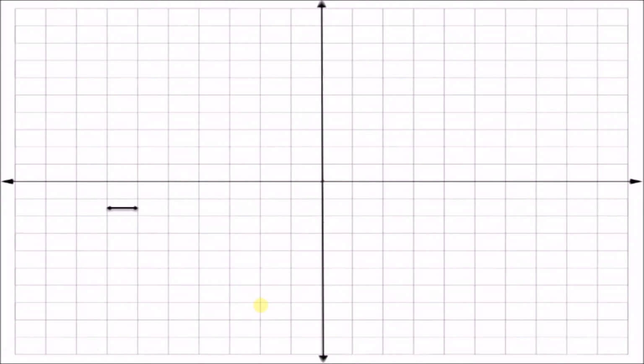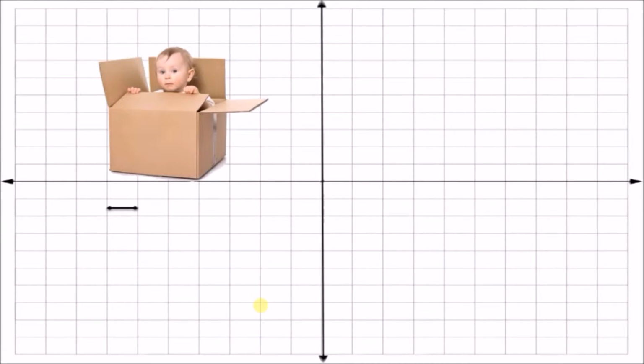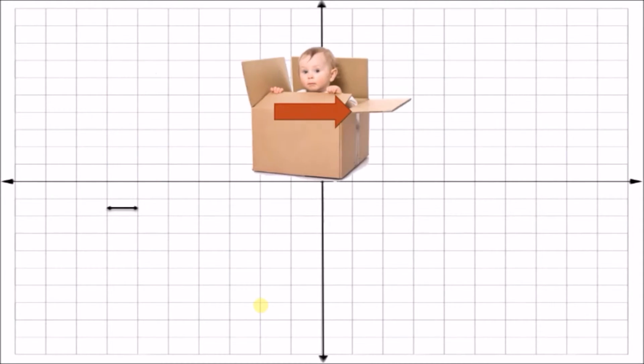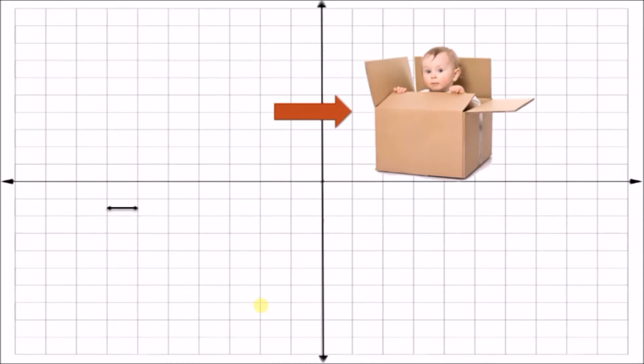So now you take a baby and you put that baby inside a box. The baby is all happy playing inside the box, and you decide that it would be a good idea to move that baby around the room, in a certain direction. There he goes, very happy.